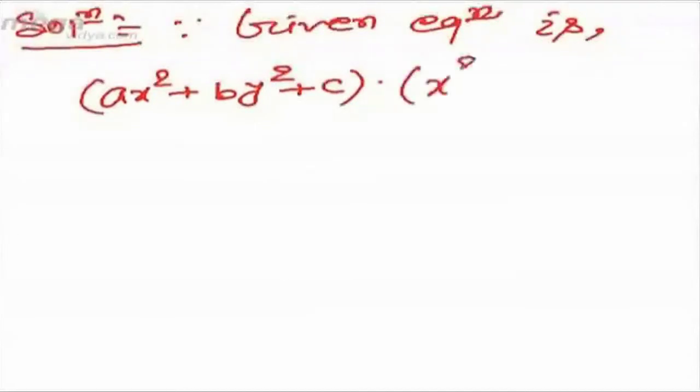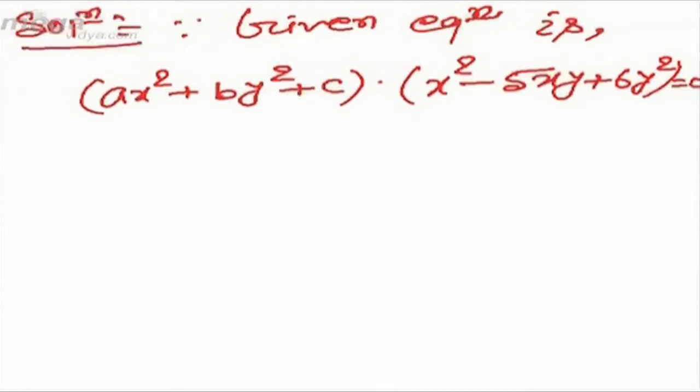This equation is ax square plus by square plus c into x square minus 5xy plus 6y square is equal to 0. Now you have to check which curve this equation will represent.